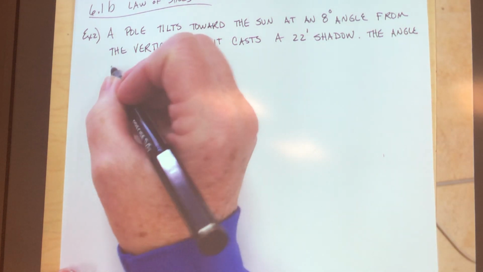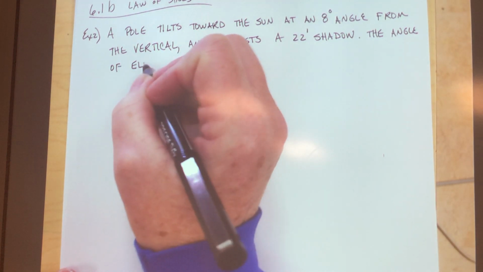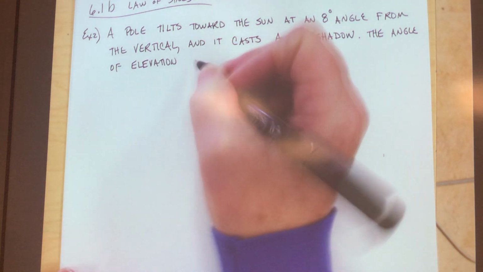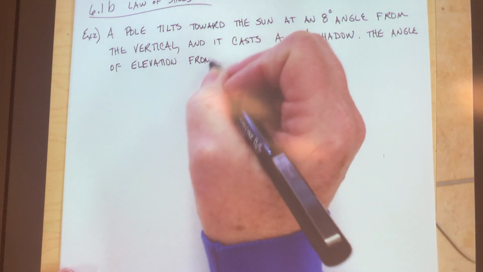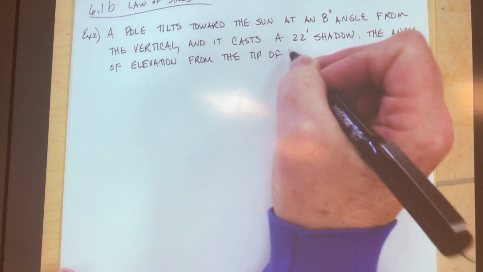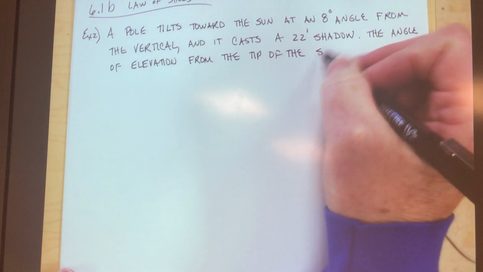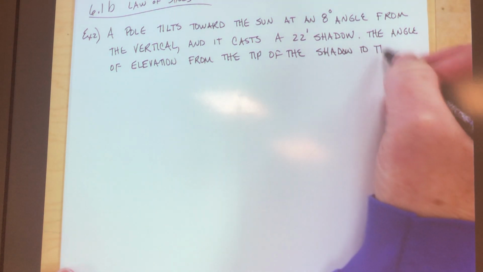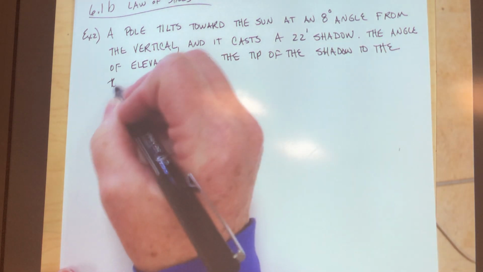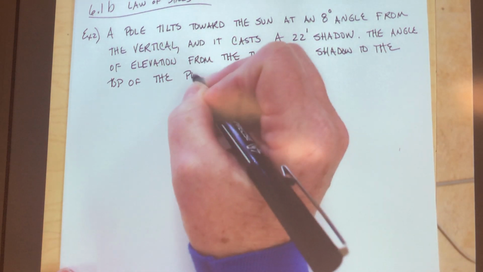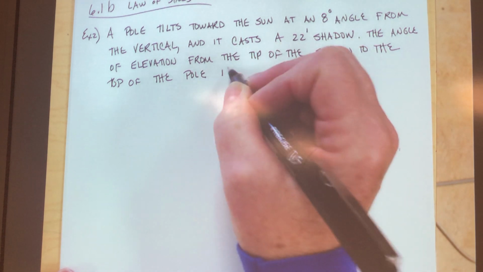The angle of elevation from the tip of the shadow to the top of the pole is 43 degrees.